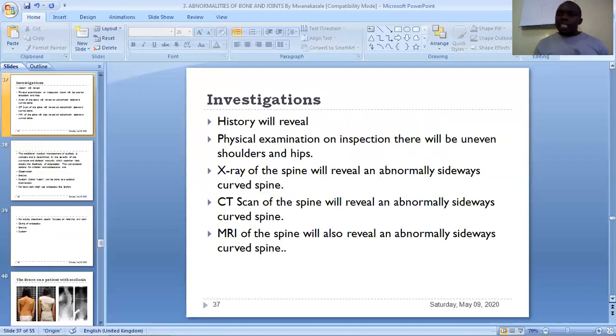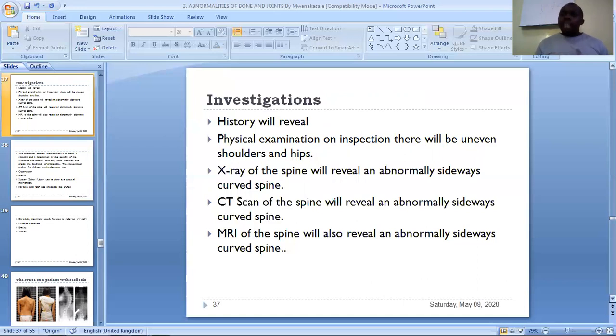Having discussed the signs and symptoms that a patient with scoliosis may present, how now do you diagnose this condition? First of all, remember the way we attend to these patients. They would appear at the outpatient department where you get the history, inquire from them.